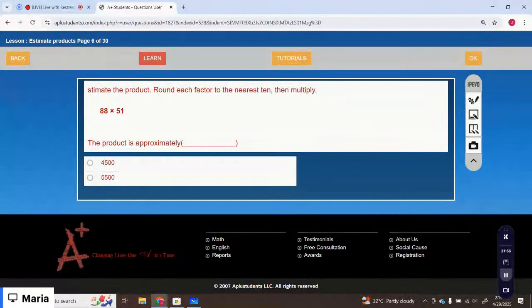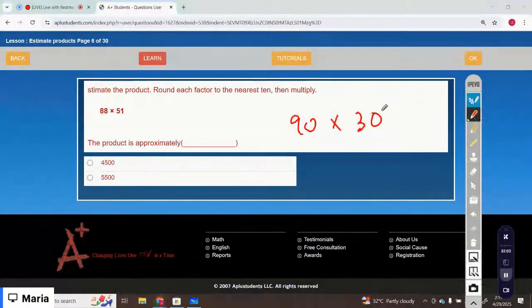Estimate the product 88 times 51. So 88 is rounded to 90 and 51 is rounded to 50.